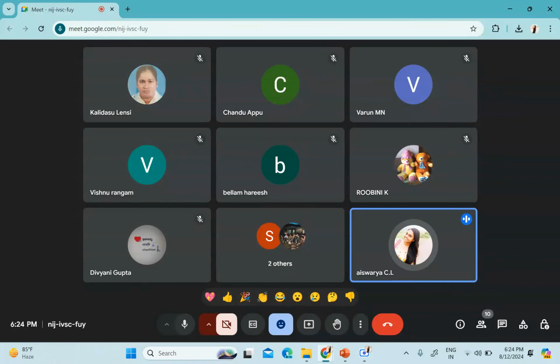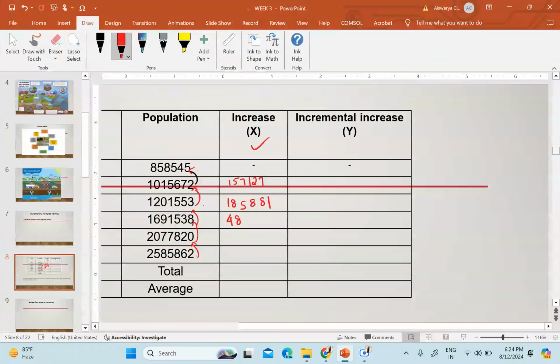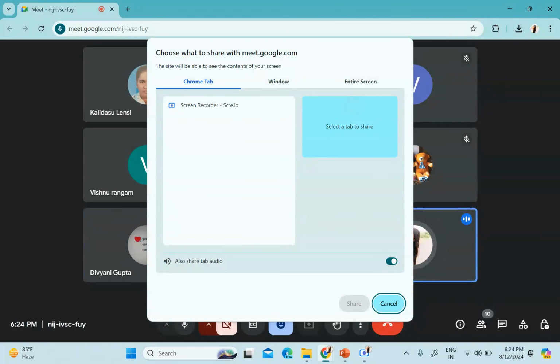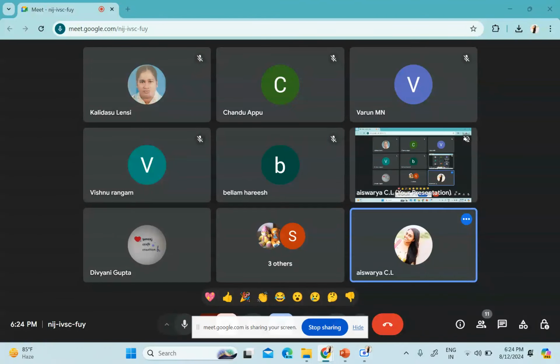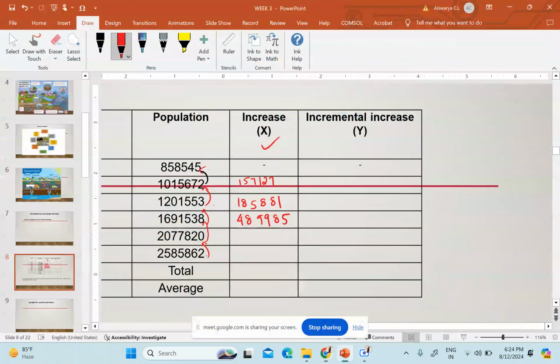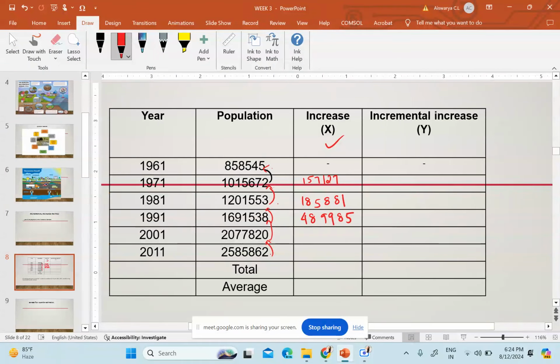Everybody's there, so I will go to this and write this. If you can't see the screen, please let me know. 489985. Let me see. Can you see the screen now? Okay, thank you for responding.